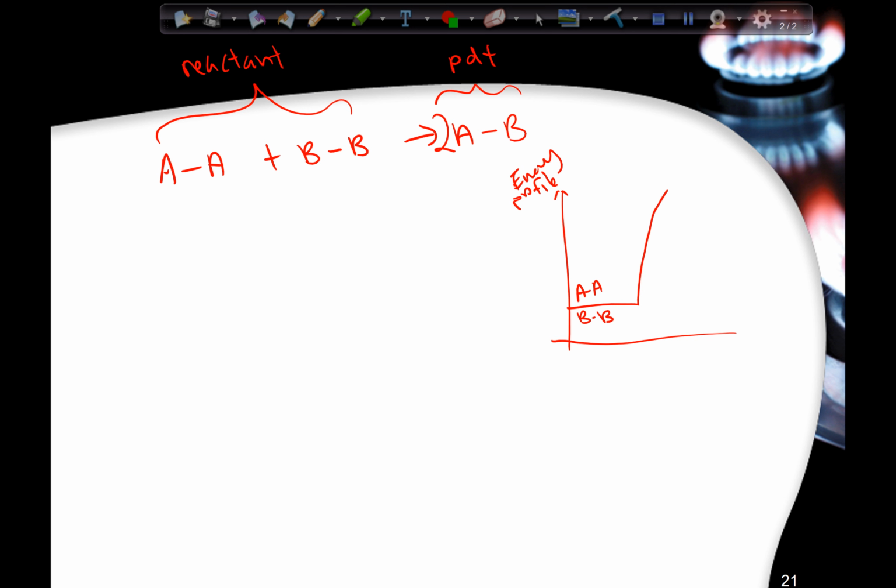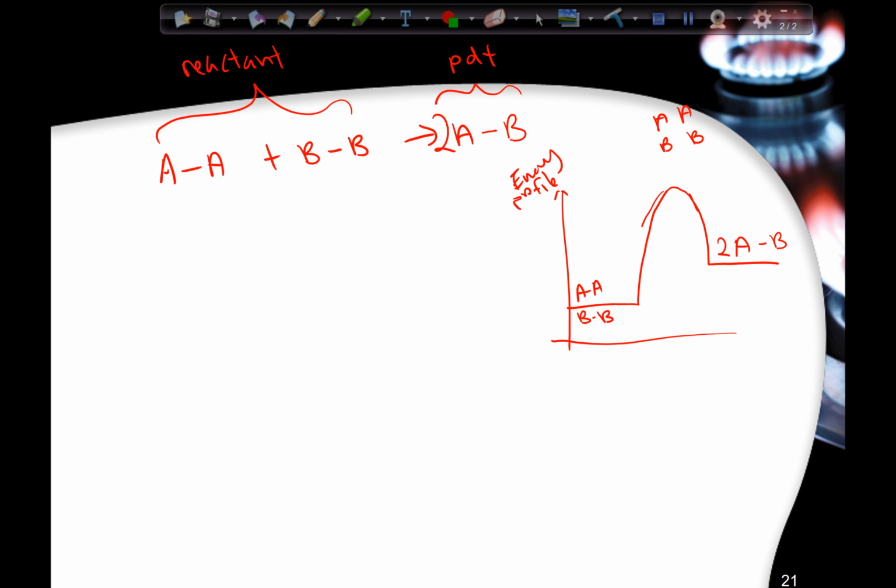They will have to gain energy to break up into individual A atoms and B atoms. After that, they will mingle around, and upon forming the new compound, energy will start to drop, and they stabilize and form the new product AB. And that's how reactions are formed.